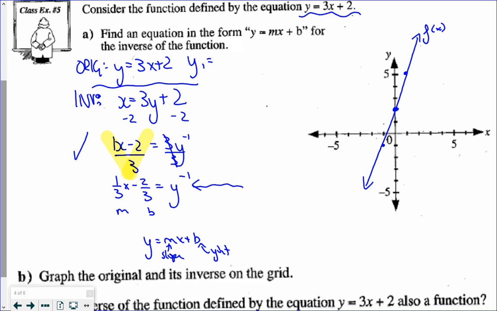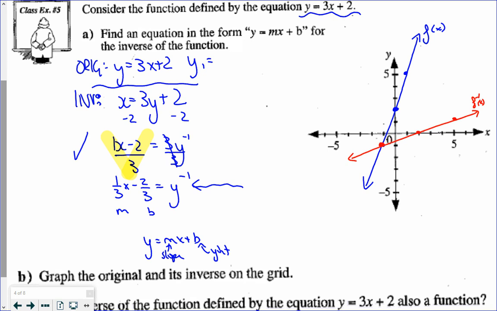Or what I could do is I could use what I just learned about graphing. So if this point's at -1, -1, if I flip those coordinates around, I'm still at -1, -1. 0, 2 will become 2, 0, and 1, 5 will become 5, 1. So that is my inverse.